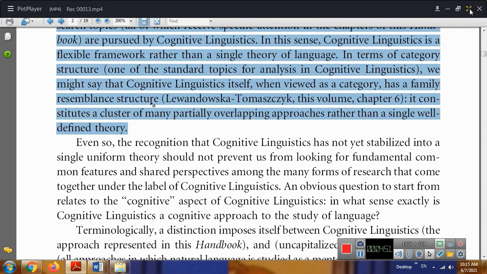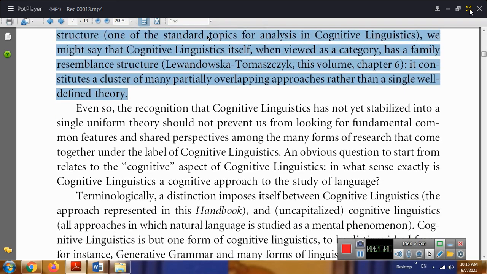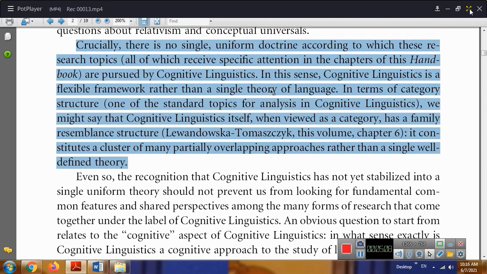Cognitive linguistics contains the overlapping of many approaches, not just one theory. You should know the important matter of this paragraph.